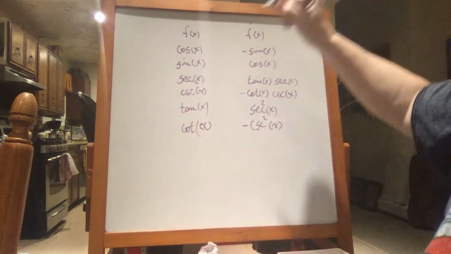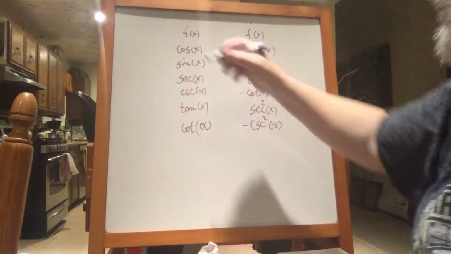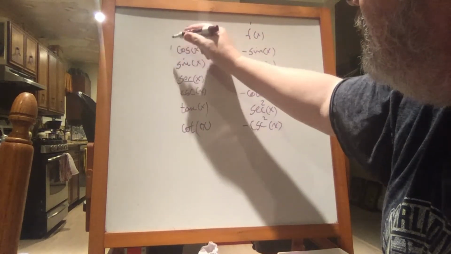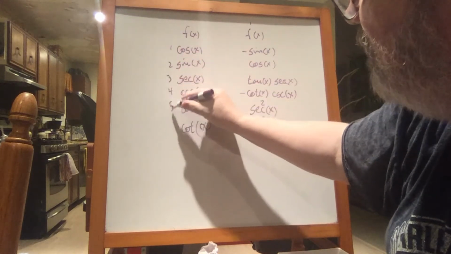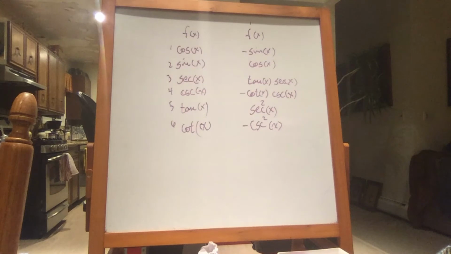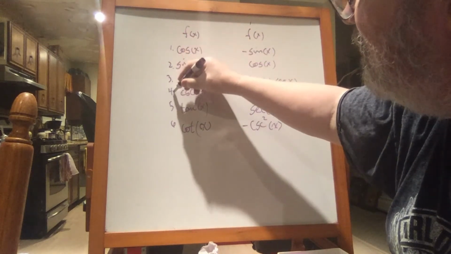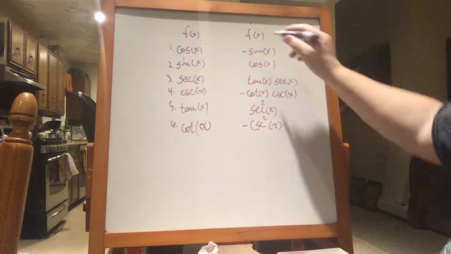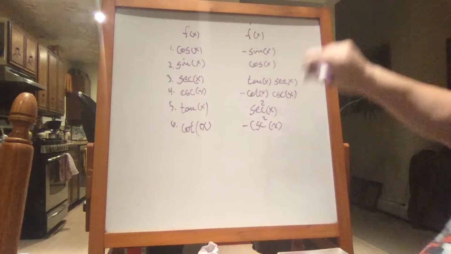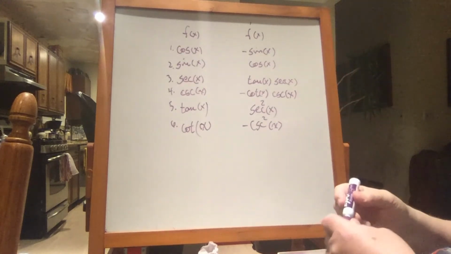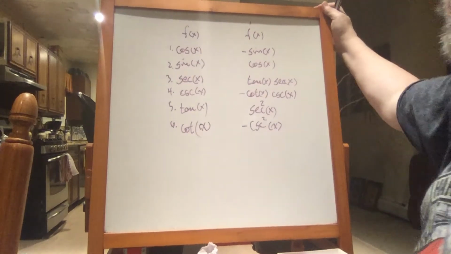So we have the 6 trigonometric functions and their derivatives. So that's how they come about. You don't need to memorize them.